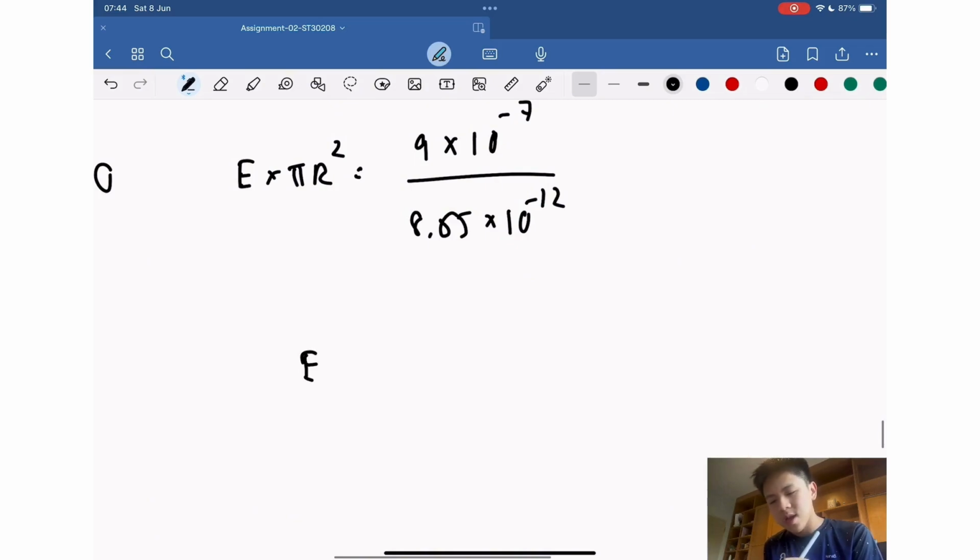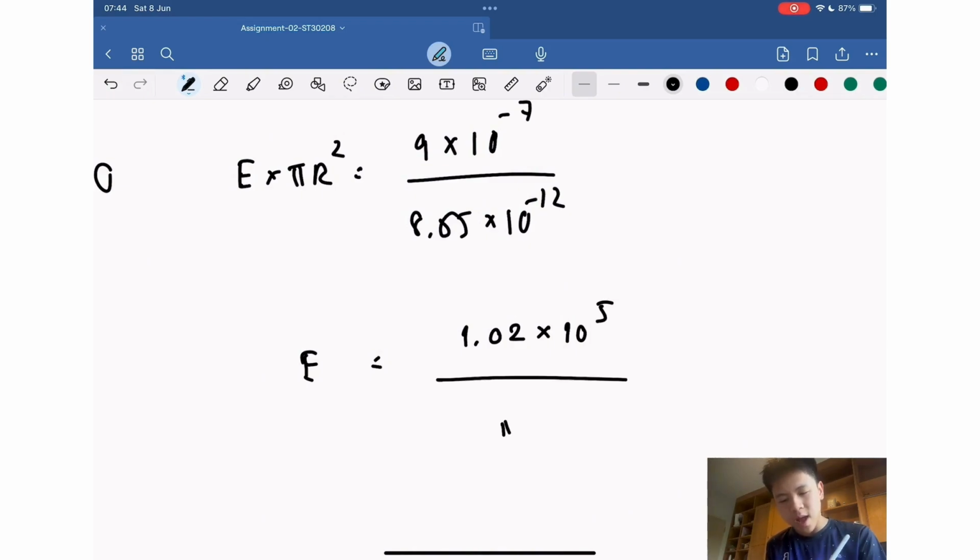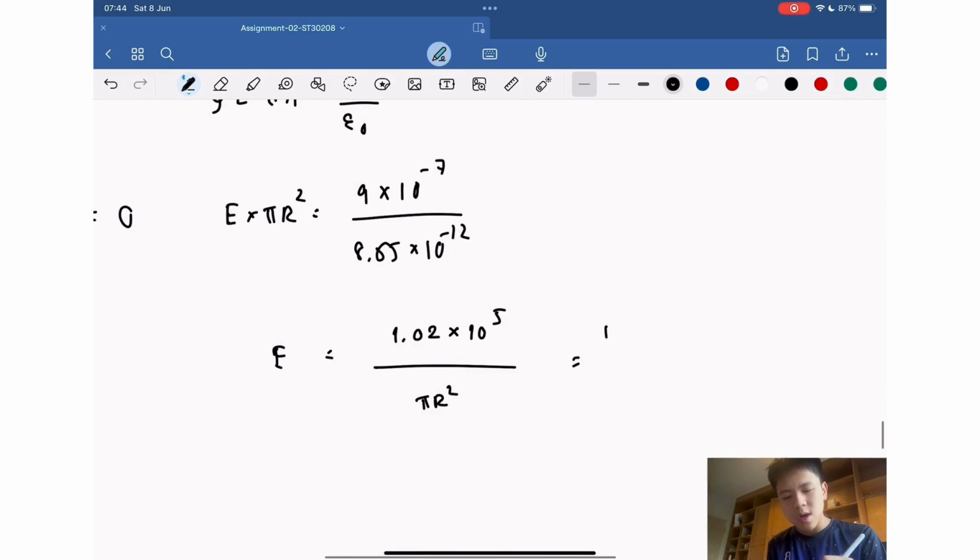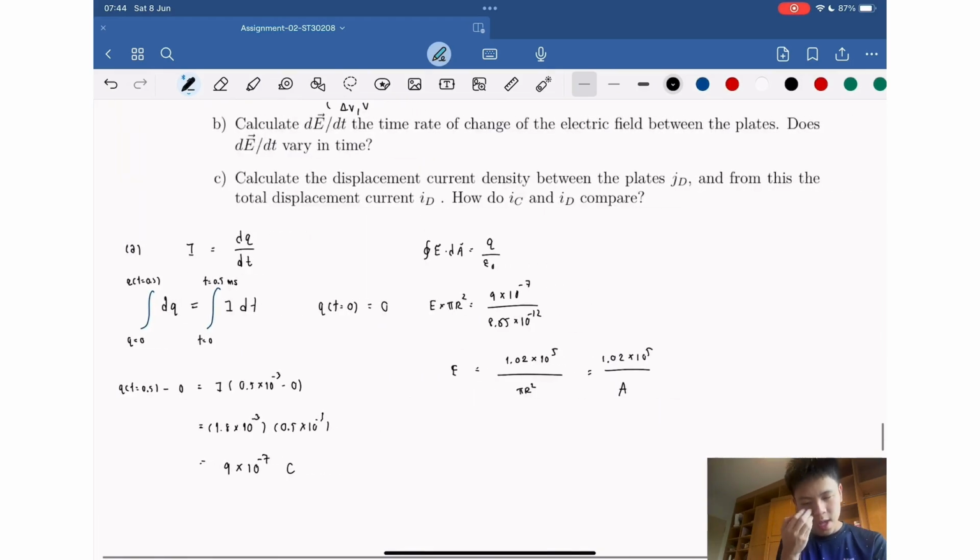And we will get E is equal to around 1.02 times 10 to the power of 5 over pi r square, or it's equal to that over area. Okay.